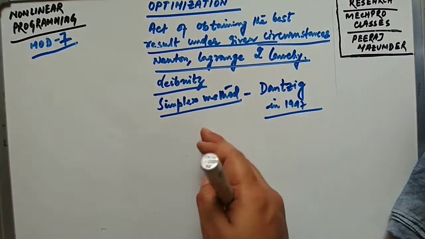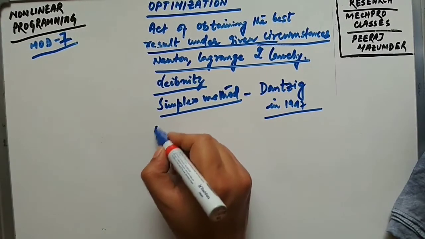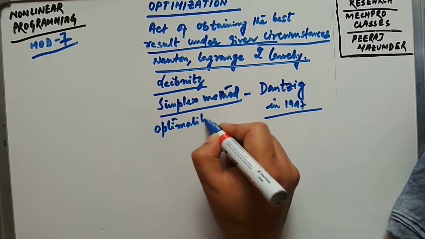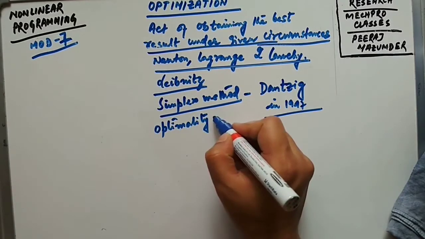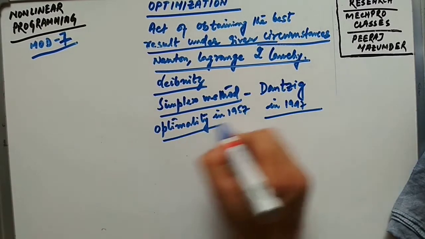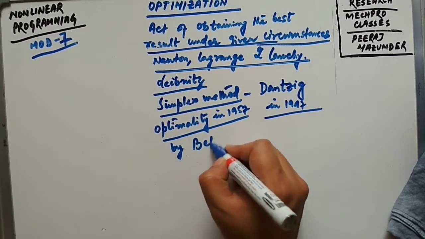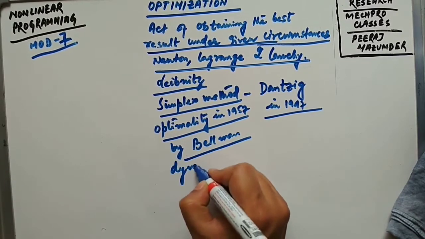And the enunciation of the principle of optimality, that we will be having a session on optimality in dynamic programming in the coming sessions of my videos. So the principle of optimality in 1957, we already have this in our syllabus, was developed by Bellman.